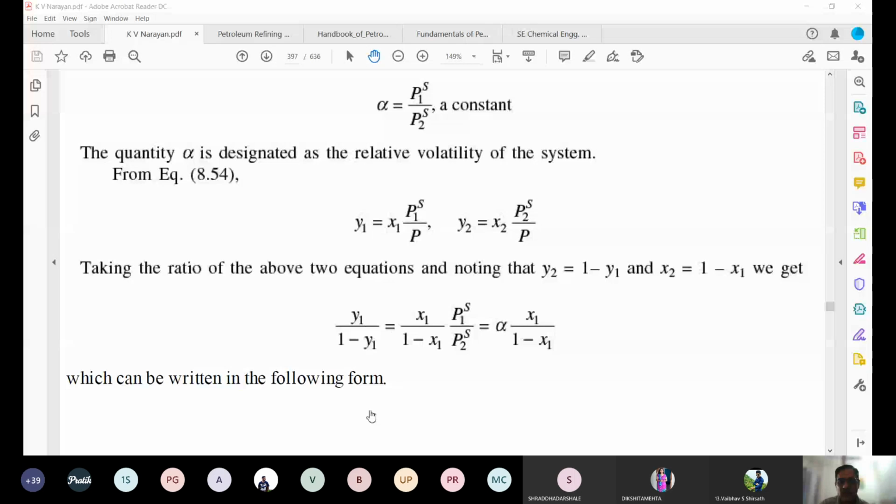Alpha is defined as P1s upon P2s. Can you see this? Please mute yourselves if you are at home, because I don't want your background noise. What is alpha? P1s upon P2s, right? That's how we defined alpha, the relative volatility of component 1 compared to component 2.